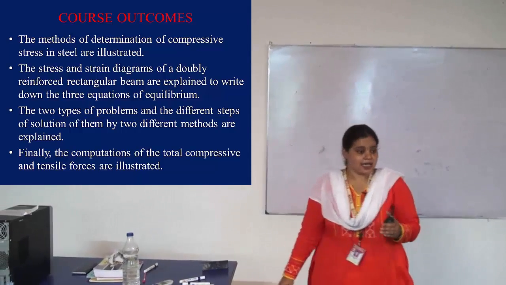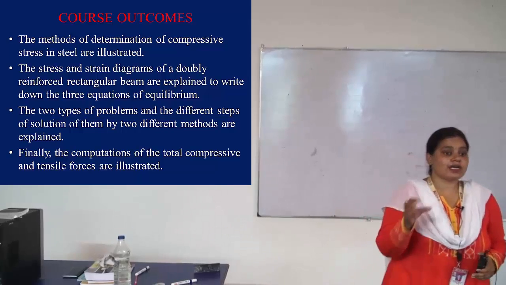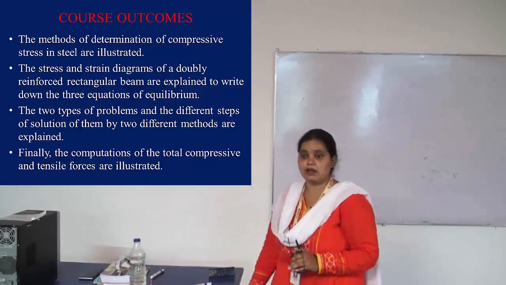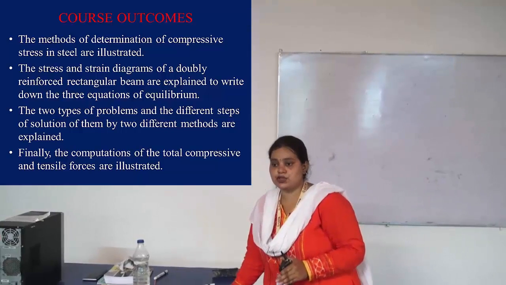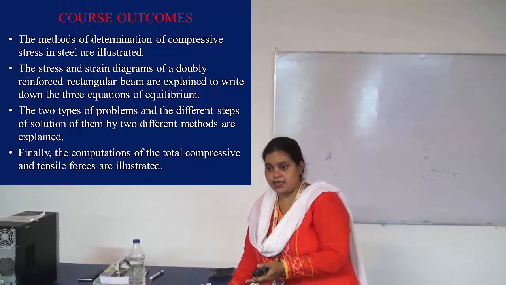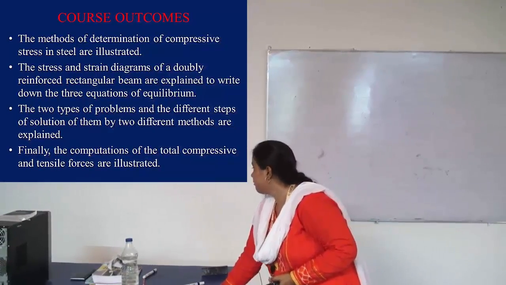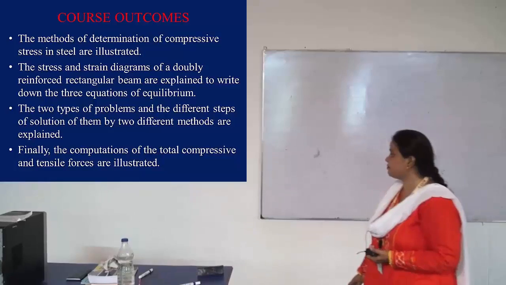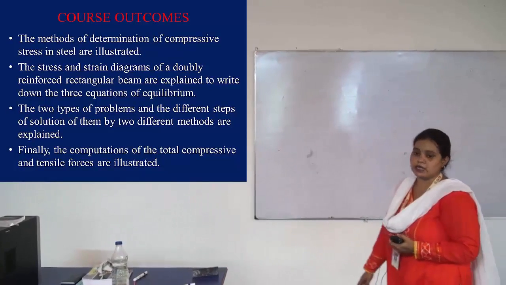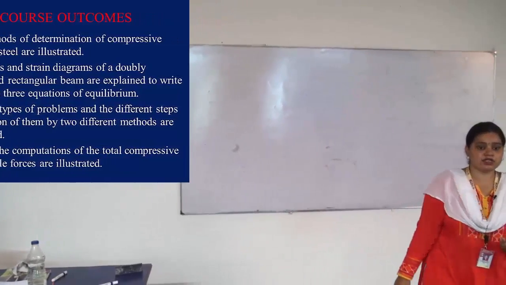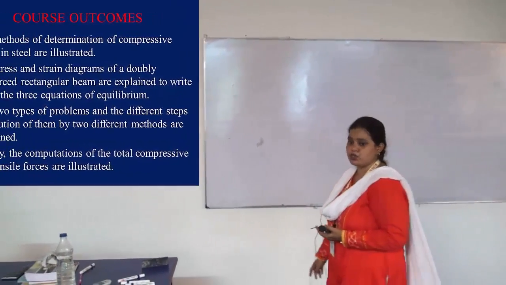In the design part, we design the value of AST and the value of ASC, meaning AST2, the additional area, as well as the compressive steel area. Finally, the computation of the total compressive and tensile forces is illustrated, and you get the compressive force for both the zones and the tensile steel force for both the zones.